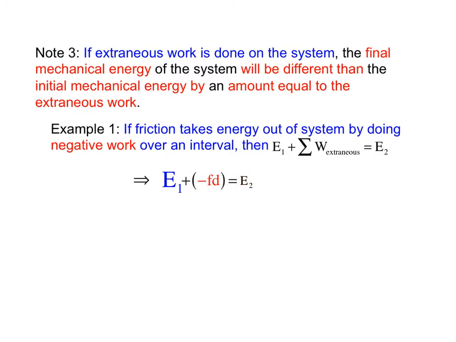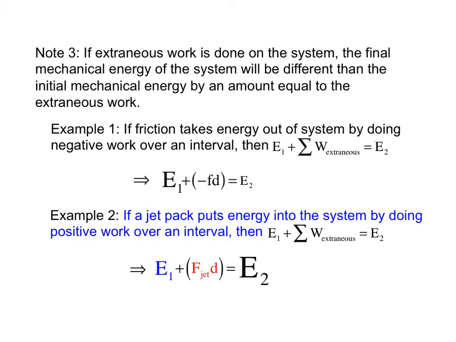you end up with less mechanical energy than you started with. The other side of the coin is a situation in which energy is put into the system via extraneous work. So here you start with a certain amount of energy. Maybe it's kinetic energy, maybe it's potential, but some mechanical energy. You do extraneous work, in this case apparently there's a jetpack attached to the object that's putting energy into the system.